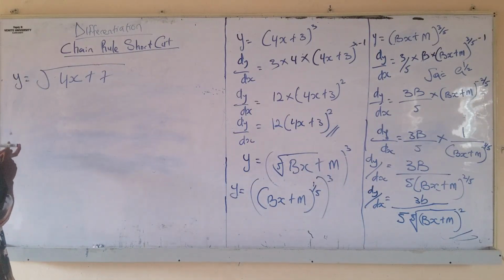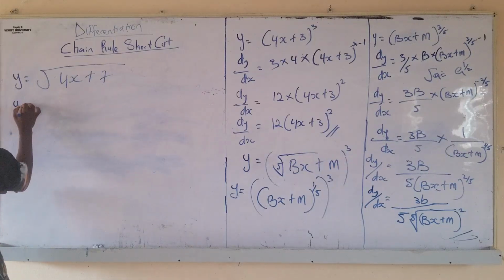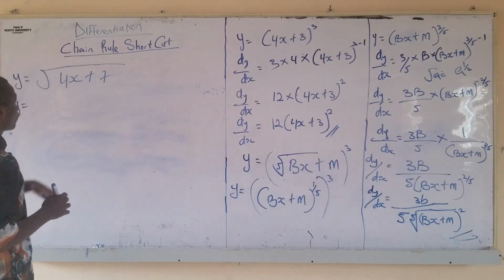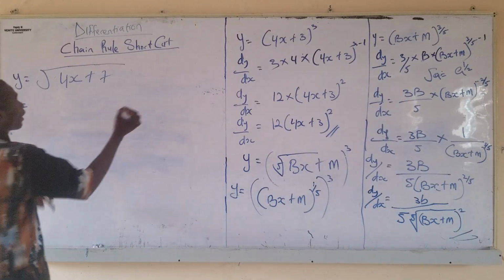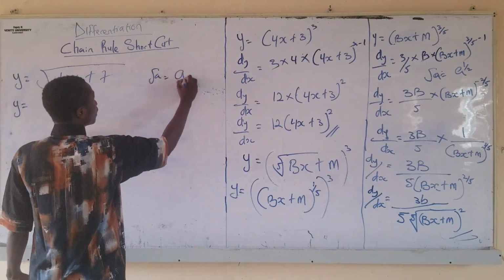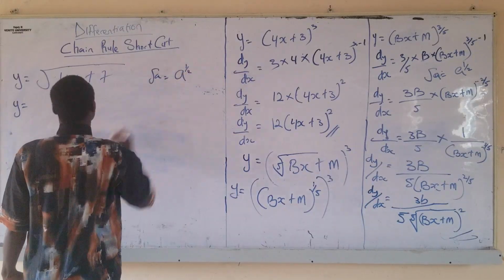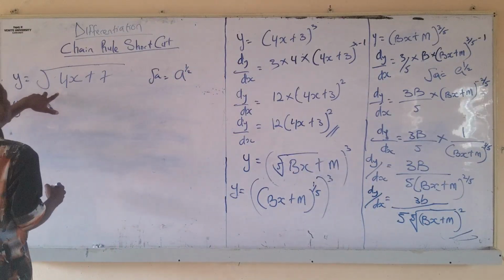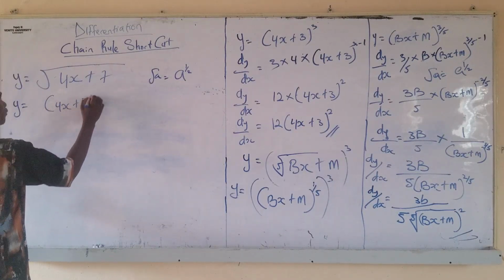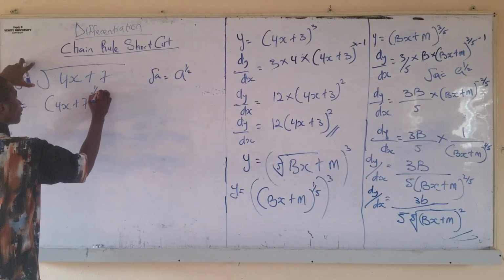So in this case, you can say our y is equal to, if you apply our law of indices, which is root a is the same as a raised to 1 over 2, this becomes (4x + 7) raised to 1 over 2.